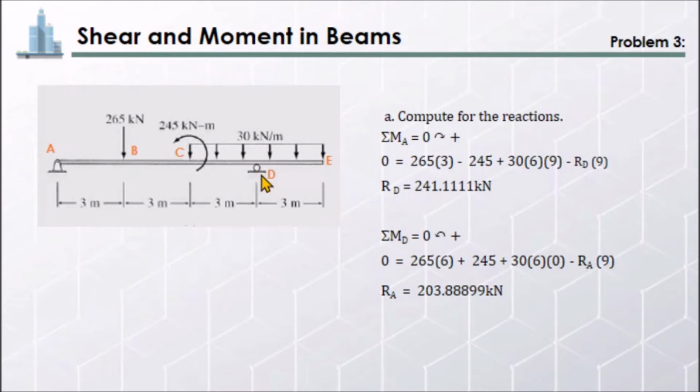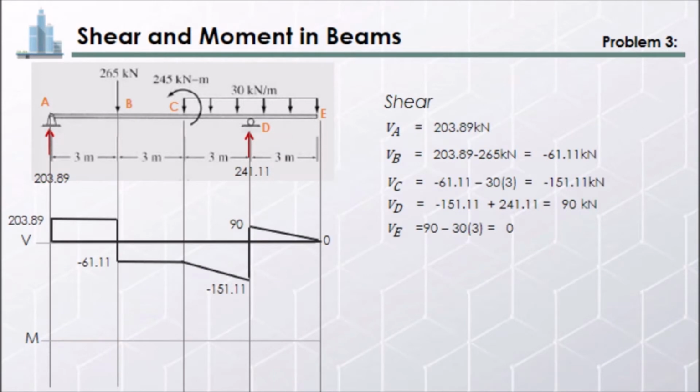So, ang mangyayari, 0, walang moment arm. Minus R sub A multiplied by 9. So, from here, we could solve R sub A. So, that is 203.88899 kilonewton.